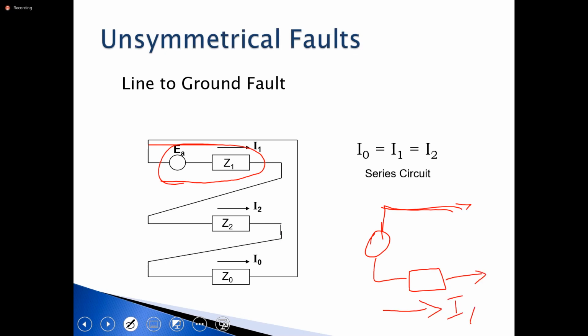So for your network, you will have generation, right? Because your system is going to get the fault current from the generator. So this would be your equivalent positive sequence network. This would be the equivalent negative sequence, and this would be the equivalent zero sequence.